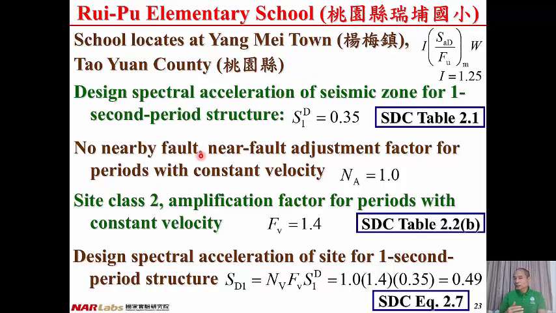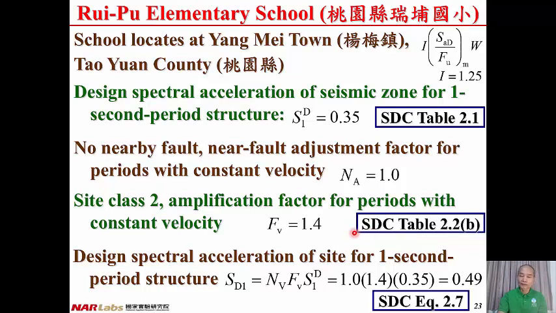Because there's no nearby fault, therefore the near fault adjustment factor for periods with constant velocity, there's a mistake here, should be Nv equal to 1.0, and because the site classification for the building is site class 2, therefore the amplification factor for period with constant velocity, Fv equal to 1.4, by looking up table 2.2b of the seismic design codes.